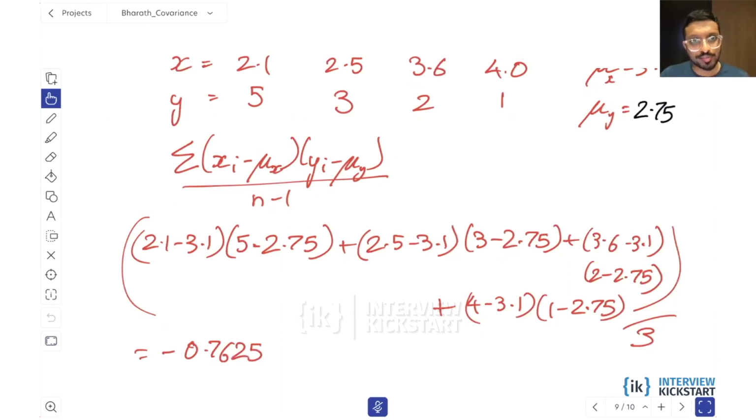And what that means in this case is that the quantities x and y vary negatively with each other, which means as x increases, y decreases, which is kind of what we see over here. So that's another example of how to calculate covariance, and hopefully these two examples, while fairly easy, give you a sense of what covariance is and how we can calculate it for data sets of the nature that we've seen over here.